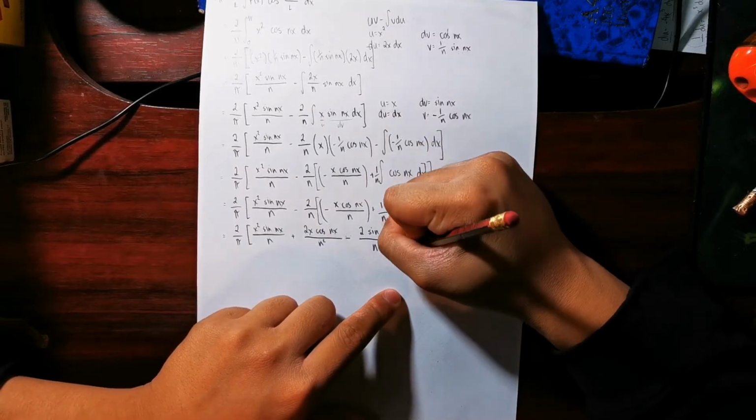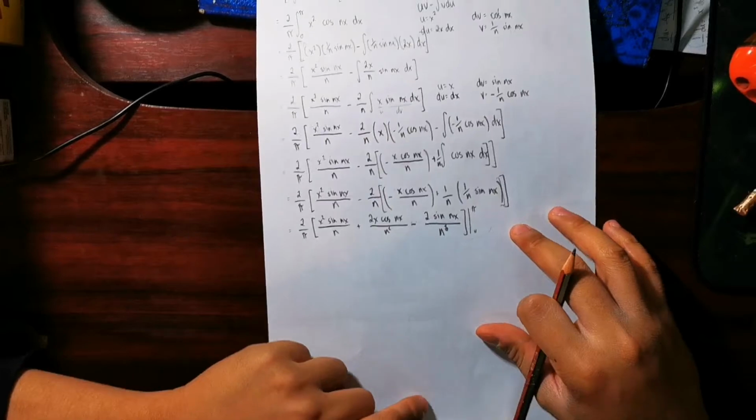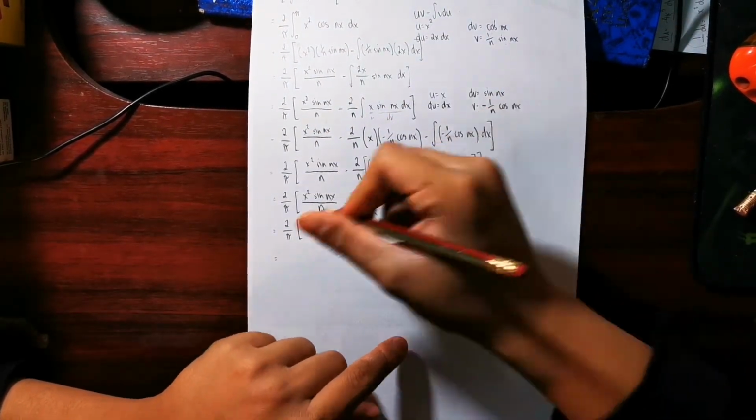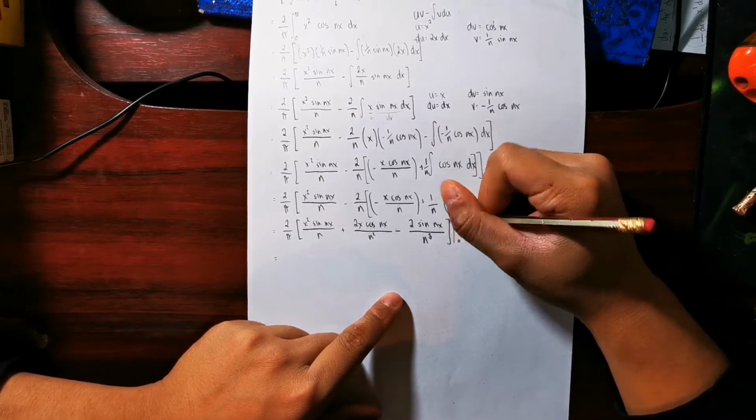So all we have to do is to evaluate this from 0 to pi. Okay, so now let's substitute the value of x to pi and subtract the value substituting x with 0.